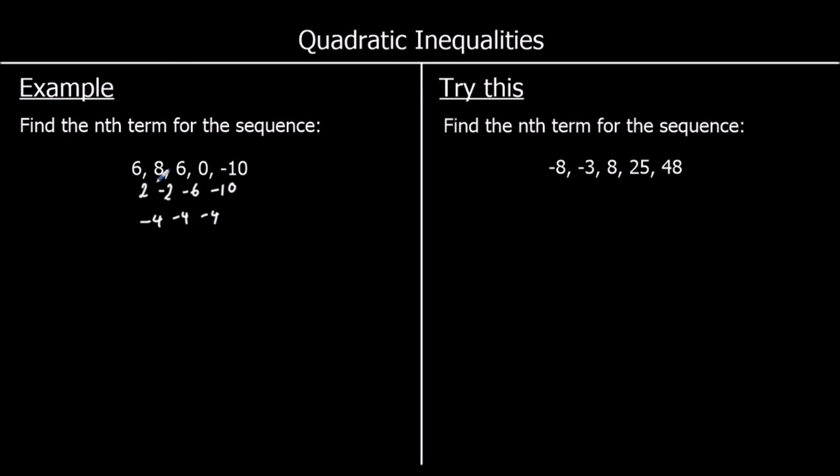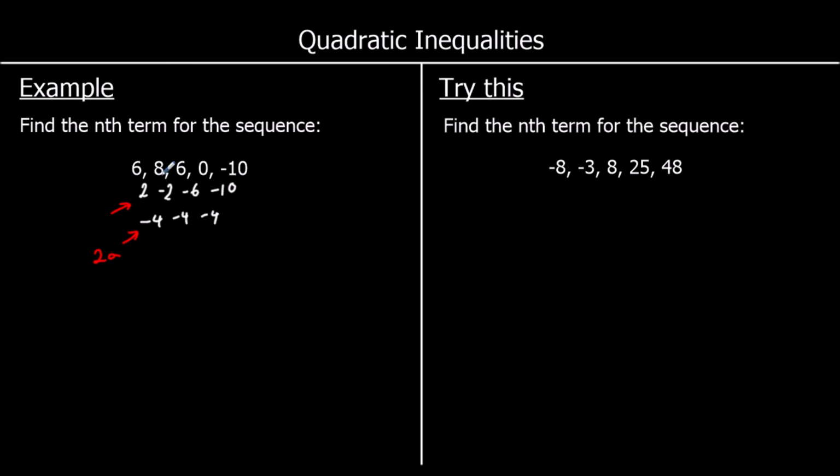So from 6 to 8 is 2, from 8 to 6 is -2, from 6 to 0 is -6, and from 0 to -10 is -10. And then the second difference, from 2 to -2 is -4, and so on. So they're all -4. The same as last time. So we've got 2a. The second difference is always 2a for any quadratic nth term.